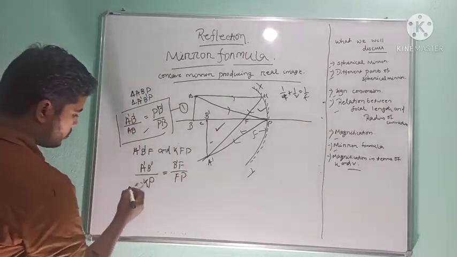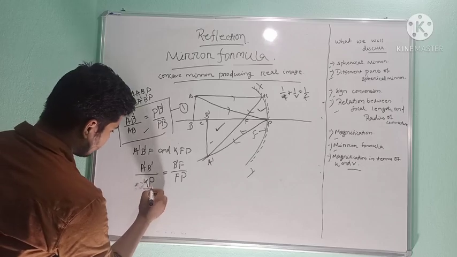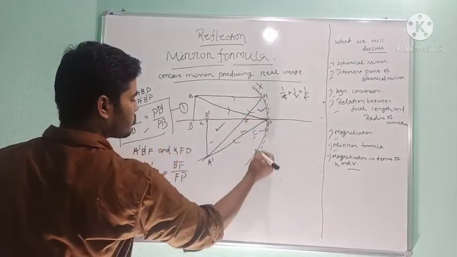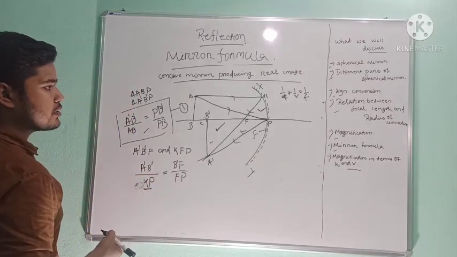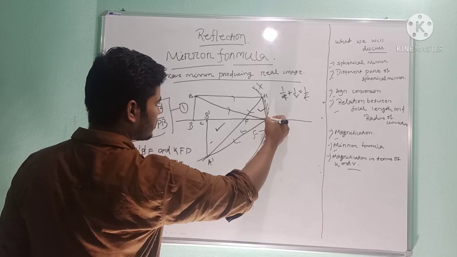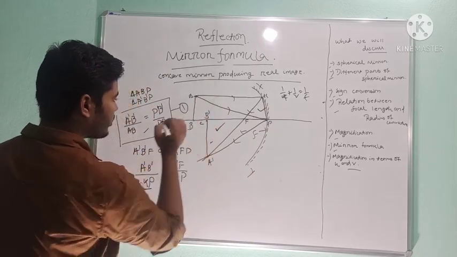What is the measure of KP? As we have considered XY is a very small aperture, it will be very similar to a straight line. So KP is equal to AB.